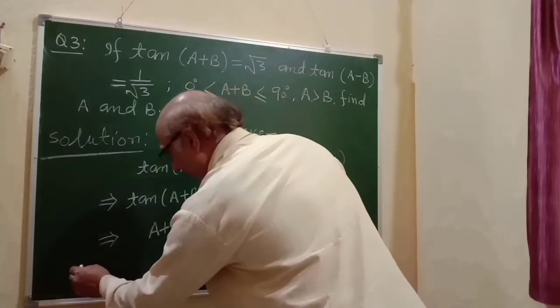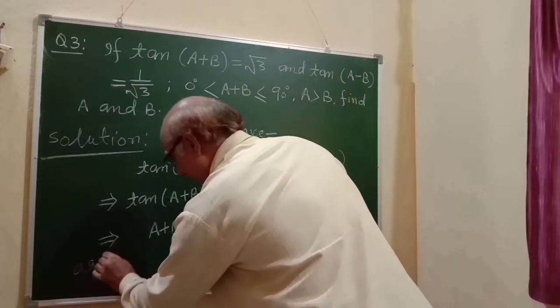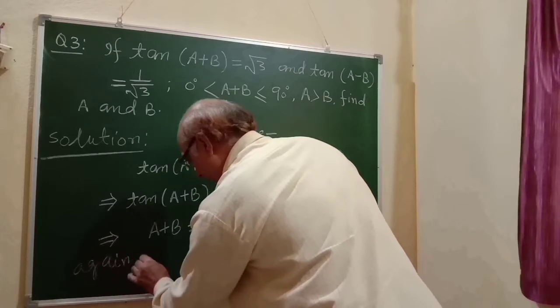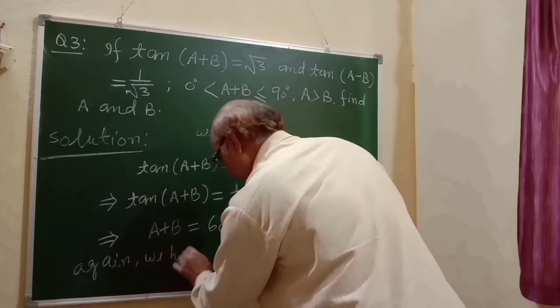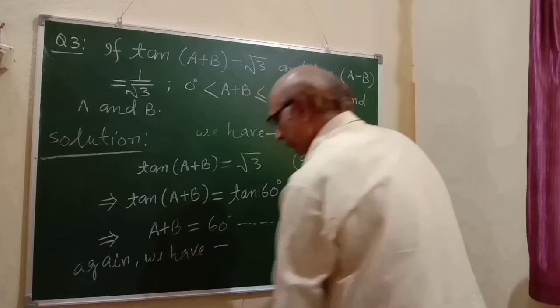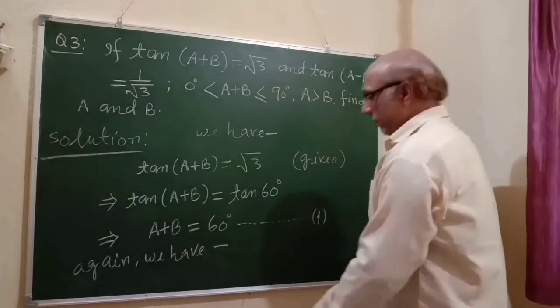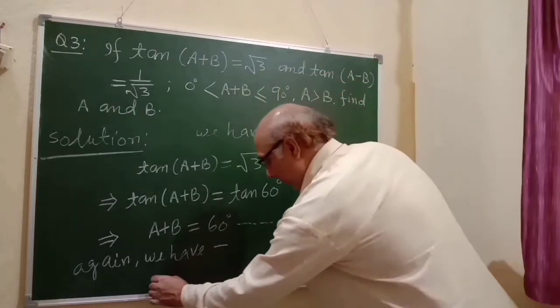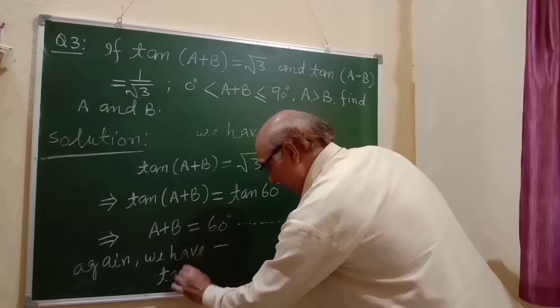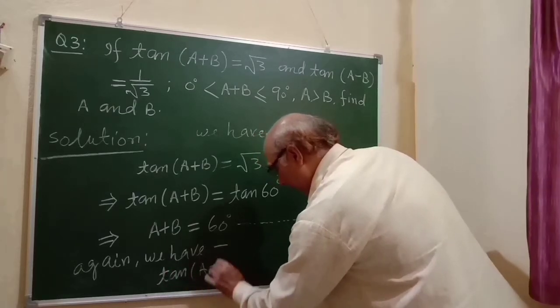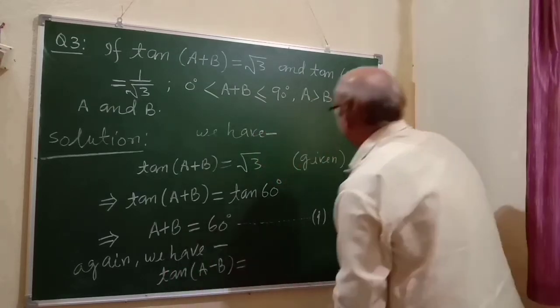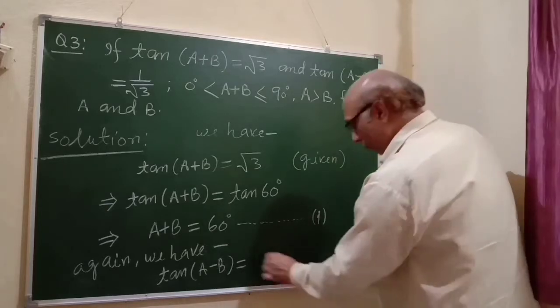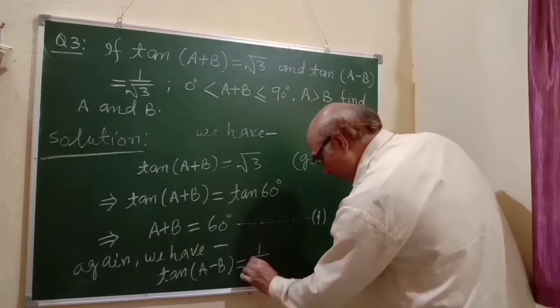Again we have tan (a minus b) equal to 1 by root 3.